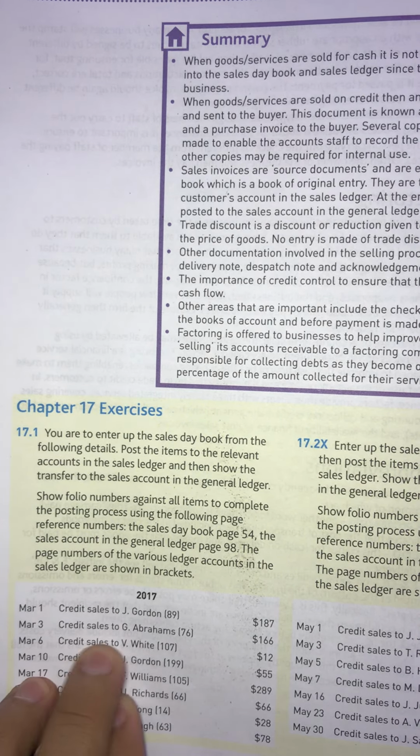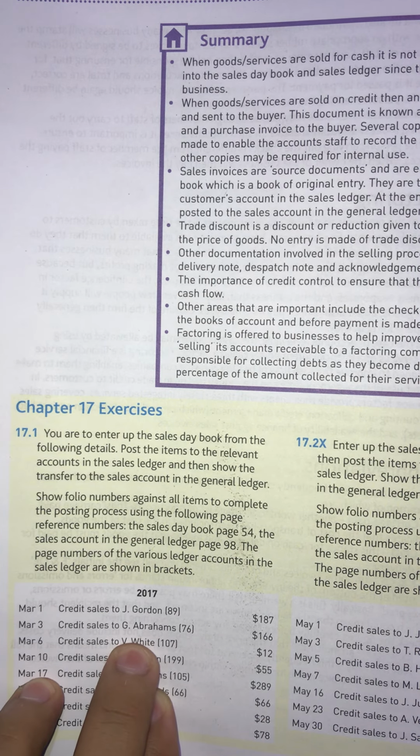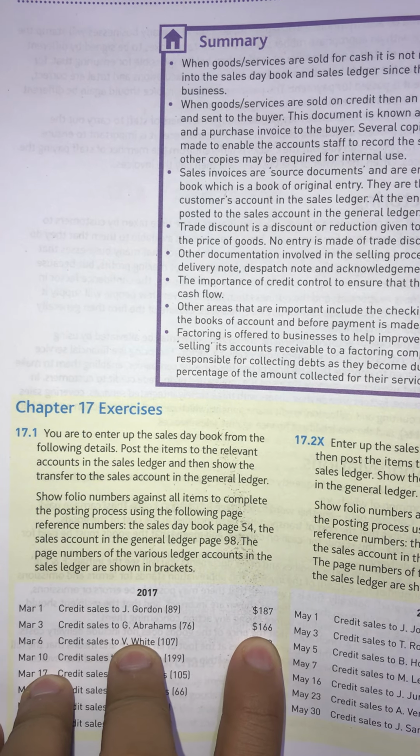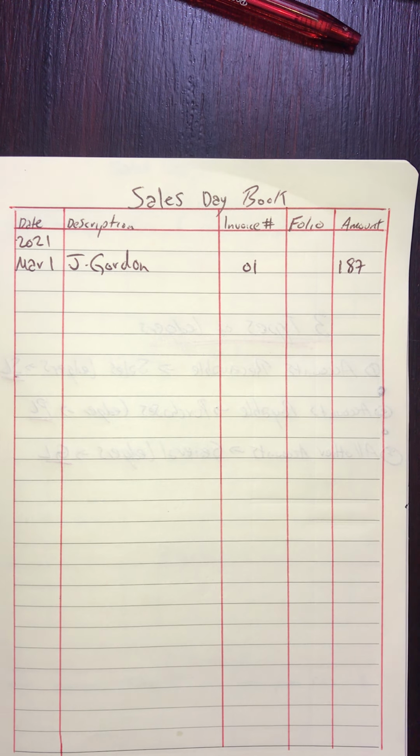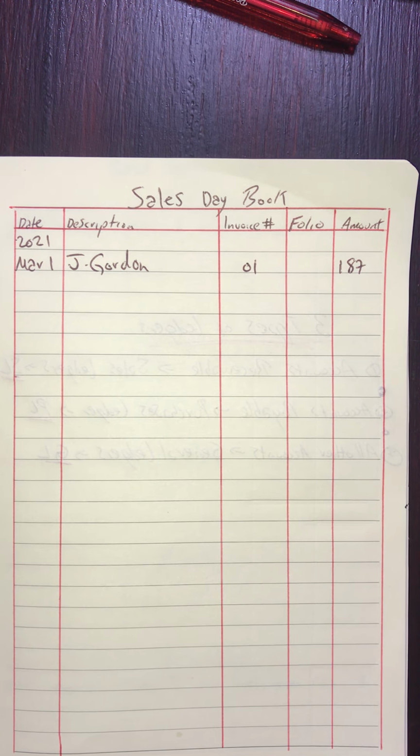March 3rd, credit sales to G. Abrahams, and the amount is 166. So again, very similar transaction, with the difference being that it's a different person on a different date and a different amount.